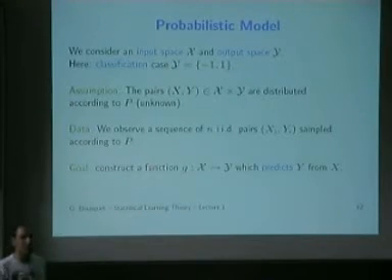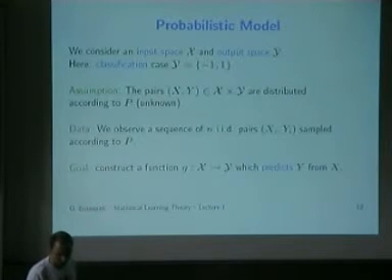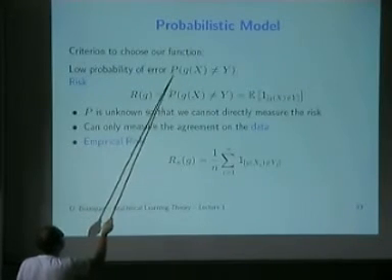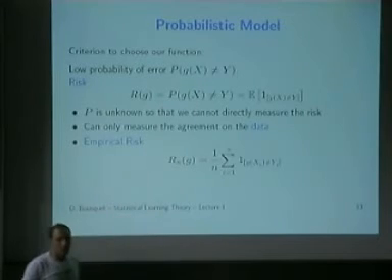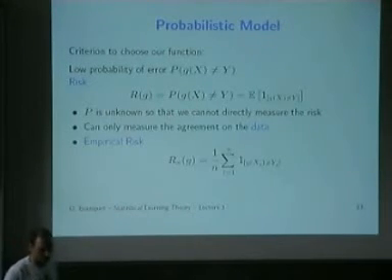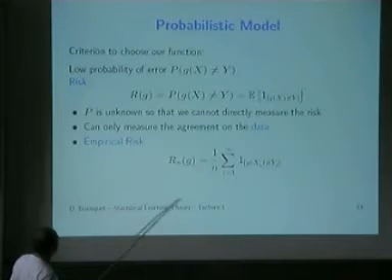In that case, we don't care about predicting them well. Okay? So we really want to be good in probability, which means only on those instances that are likely to occur often. Okay, so that's the definition.